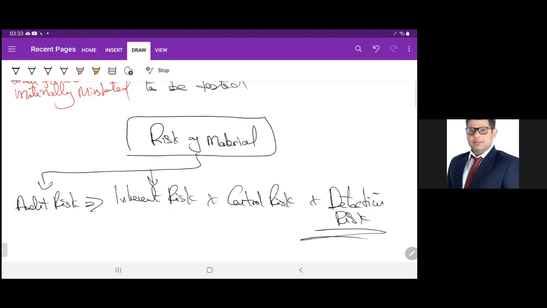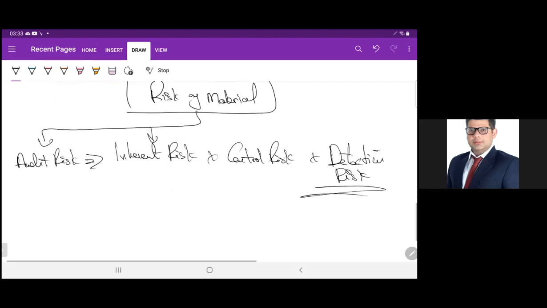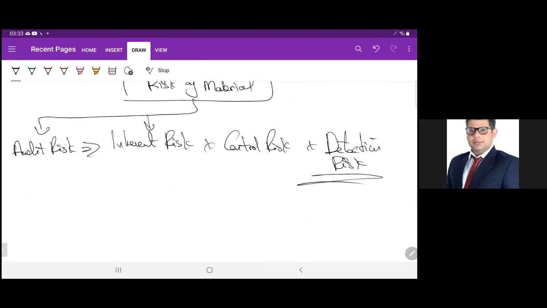Okay. Now, firstly, let me give you a revision on inherent risk. What is inherent risk?